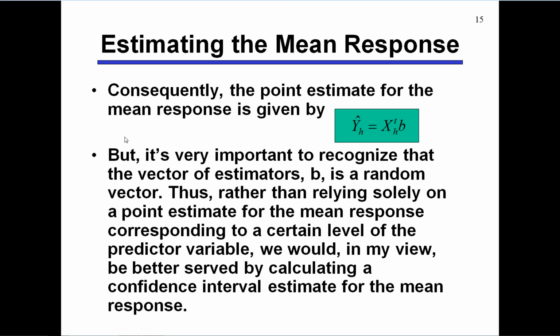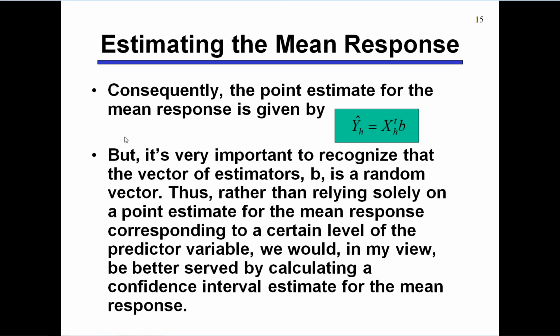But it's very important to recognize that the vector of estimators is a random vector. If we had different data, then we might get different estimates for b0 and b1. And so, in my opinion, having a point estimate for a particular level of x based on these point estimators b0 and b1 is troublesome, because those estimators have variation.